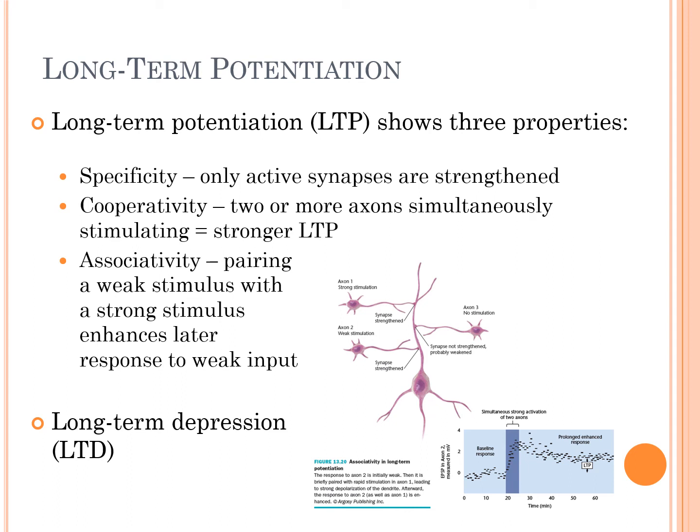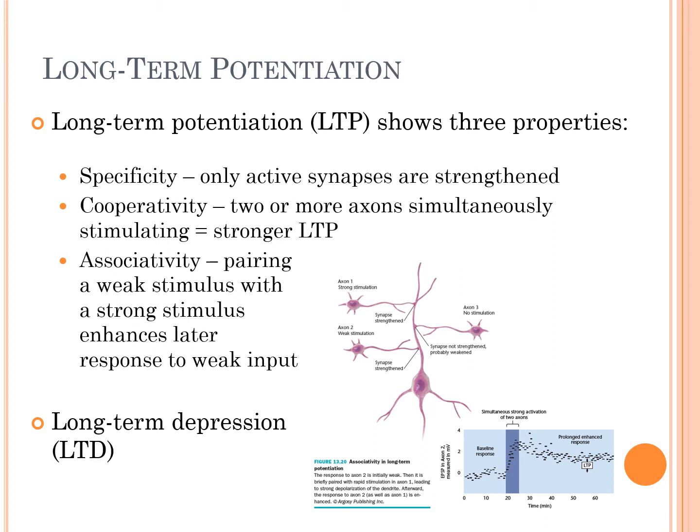They are active, and they are both strengthened. Because of the cooperativity, this is causing stronger long-term potentiation, and because of the associativity, we're going to see stronger responses to that weak input, to that tone, so that pretty soon that tone becomes a conditioned stimulus, and I am just going to blink my eyes to the boop because it's been paired with a puff of air enough times.